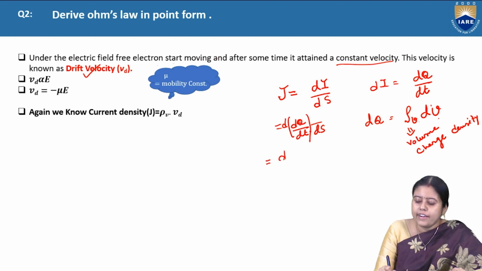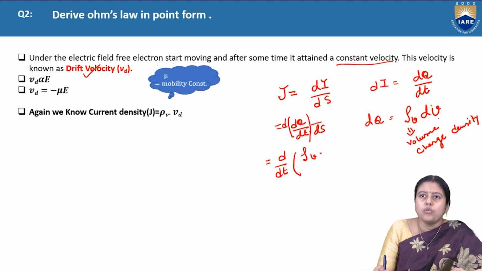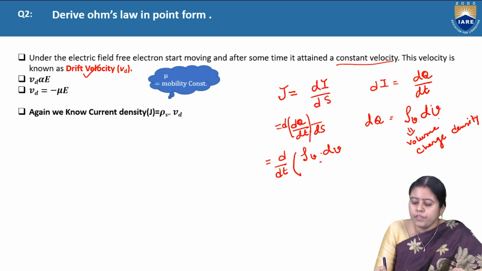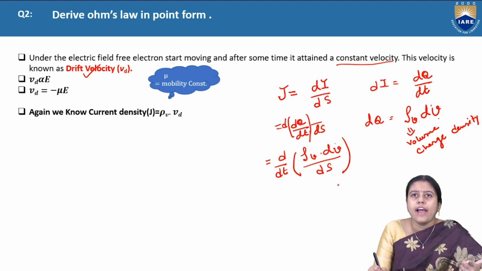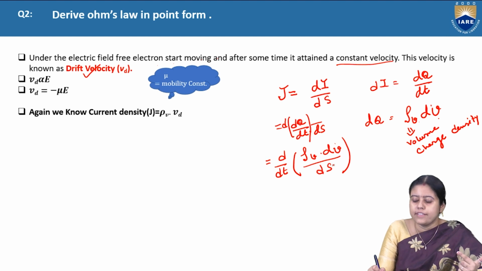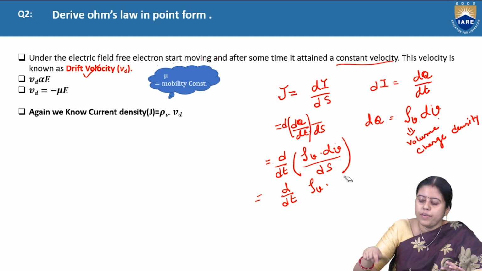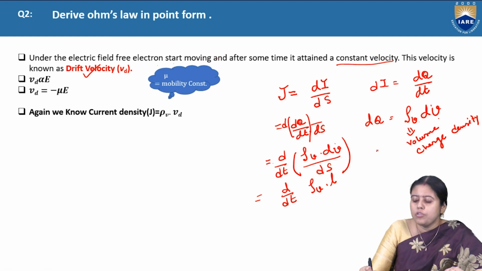So we can write d by dt of dq, where dq is equal to rho v into dv. Here dv is the volume divided by ds, so volume means area into length, and ds is again the area. If we cancel, we will get d by dt of rho v into l, length, because volume is equal to surface area into length.